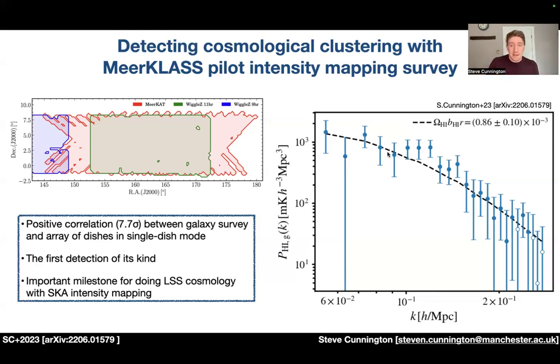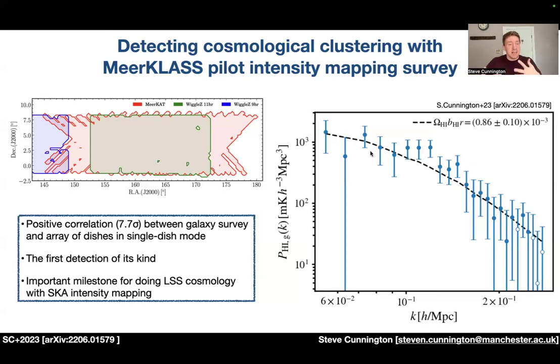On the right here is the cross-correlation power spectrum between these foreground-cleaned MeerKAT intensity maps and the WiggleZ galaxies. Any hollow points here show negative power, but at small k, on the larger scales where we're more sensitive, we get this very nice positive cross-correlation between the two fields. This is about a 7.7 sigma cross-correlation.